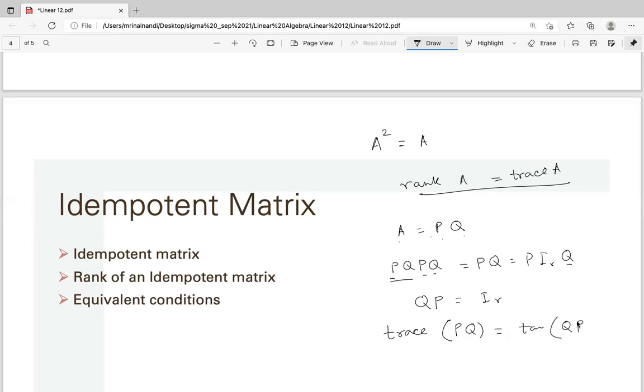You can easily check this. You can just find the diagonal elements of PQ and the diagonal elements of QP. You can easily check that trace of AB equals trace of BA. That means the trace of PQ is the rank of PQ.